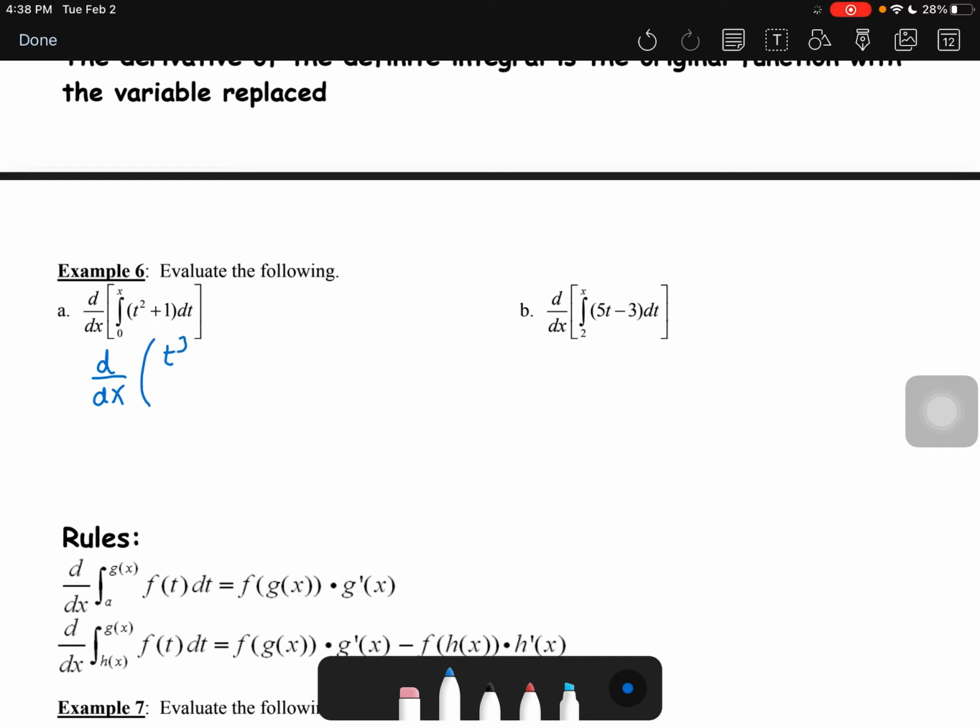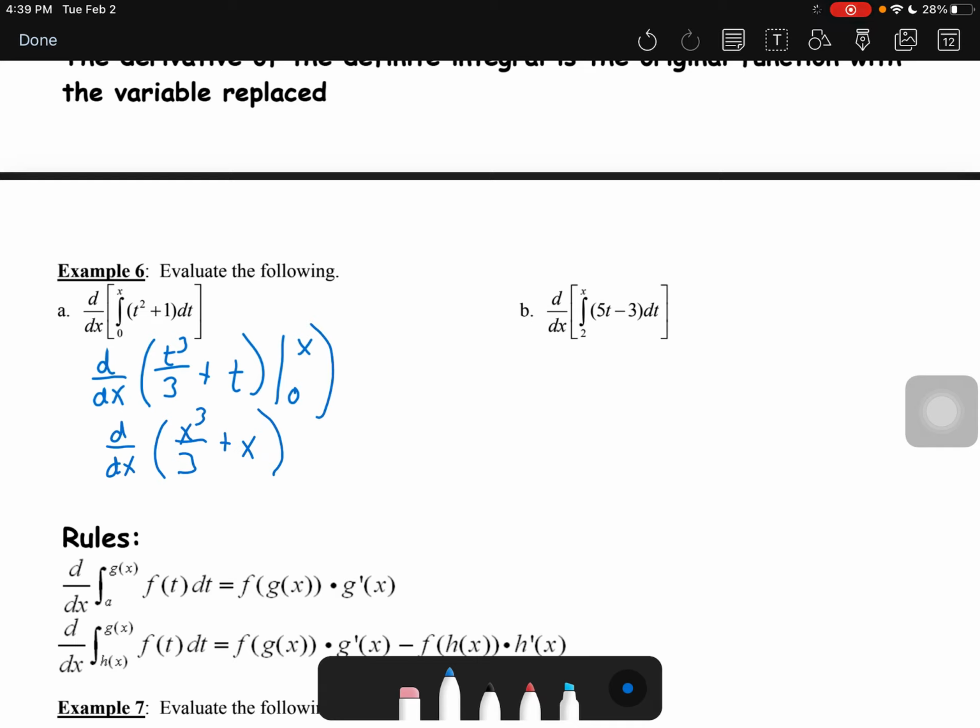So t cubed over 3, and then plus t, right? And then I'd do that from 0 to x, because those were the bounds. That means I'd replace t with x, and I'm still doing the derivative after I simplify this. So I would have x cubed over 3 plus x, and then minus 0, because I have a 0 on the bottom bound.